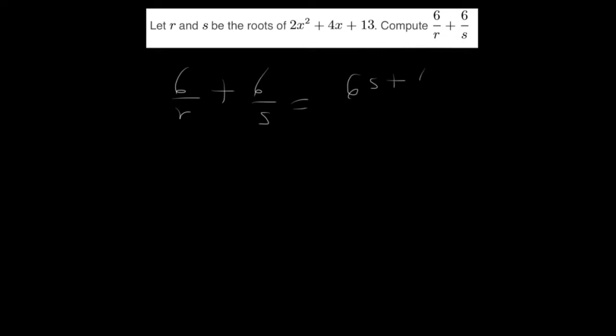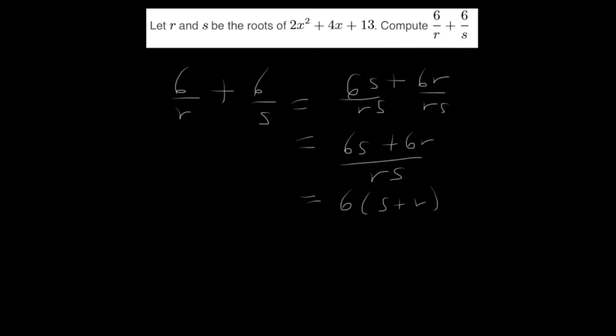What I did here was just multiply to get a common denominator. Now we can combine because we have like denominators. So 6s plus 6r over rs. Now we can factor the 6 out, so 6 times s plus r over rs.